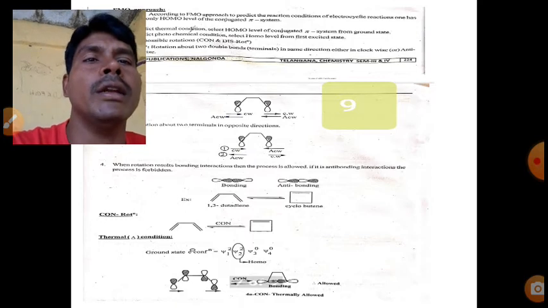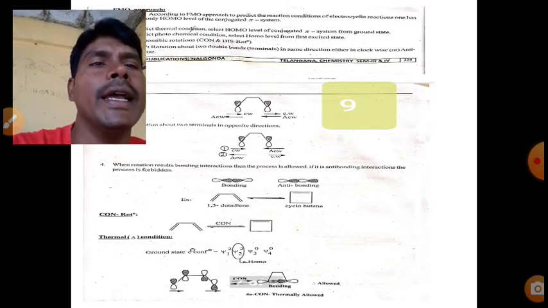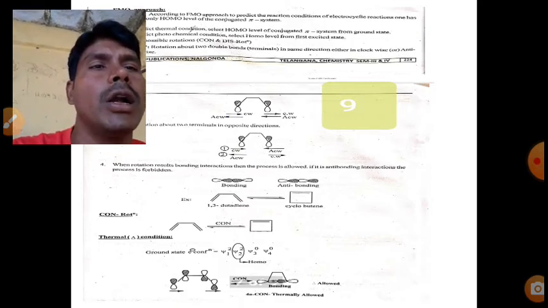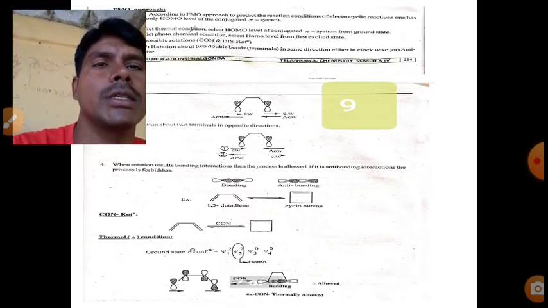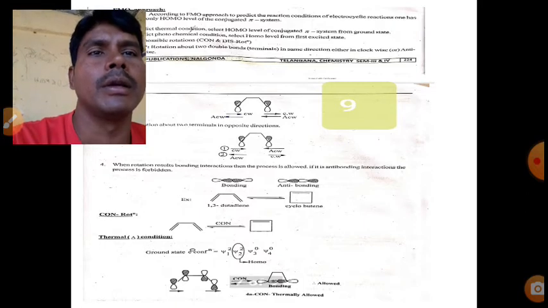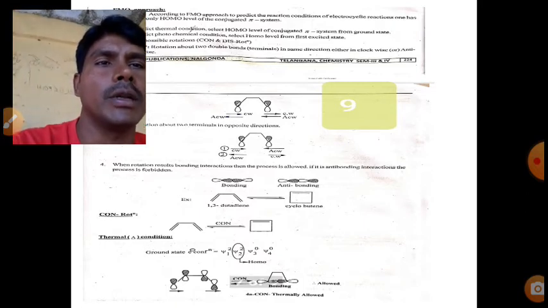So when rotation results in a bonding interaction, the process is called an allowed process. If it is an anti-bonding interaction, the process is called forbidden. Same lobes interacting is bonding, and opposite lobes interacting is anti-bonding.